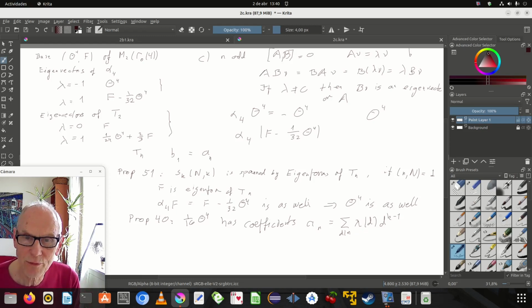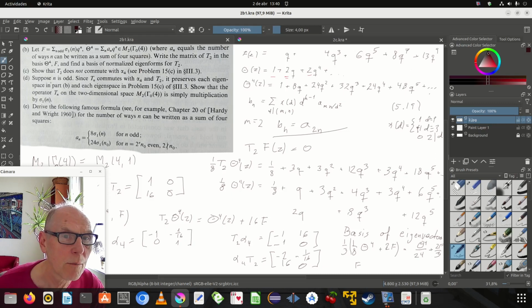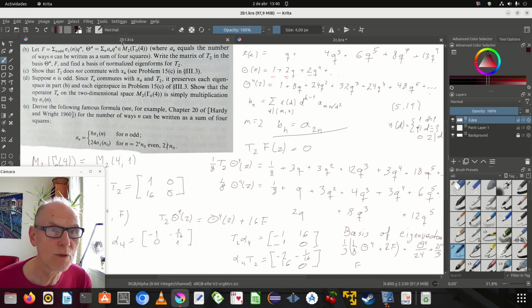So chi of d is unity, only vanishes for even numbers, and that's just the sum of divisors of n. My God, that was what we should prove.